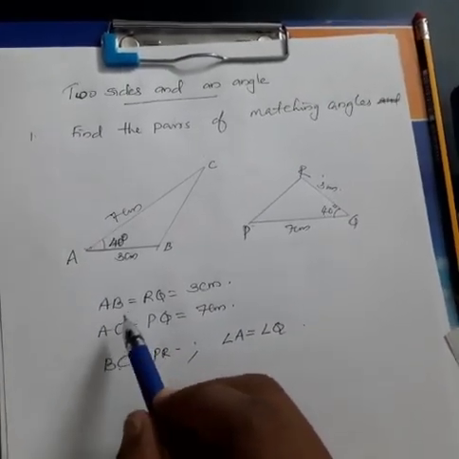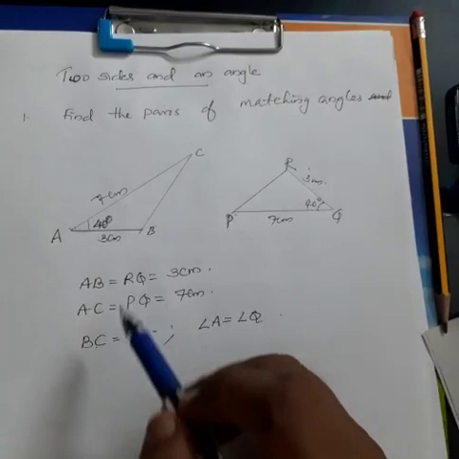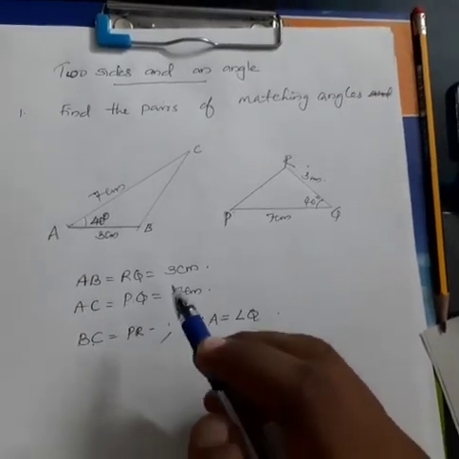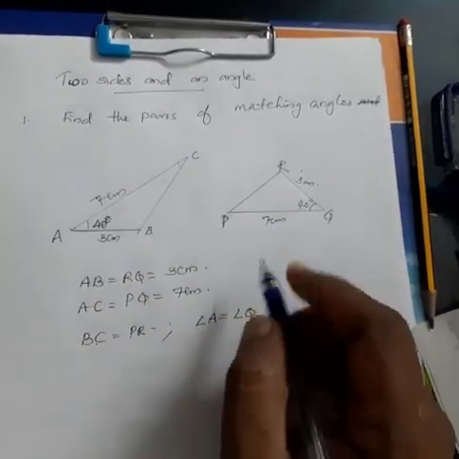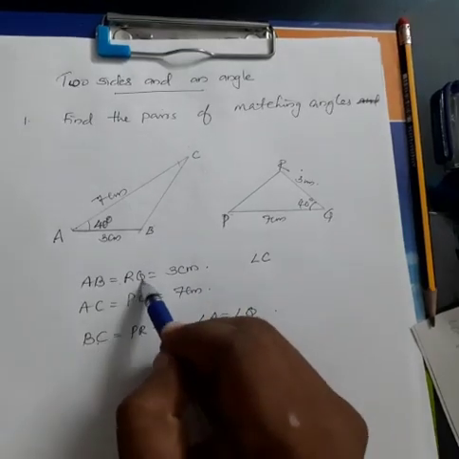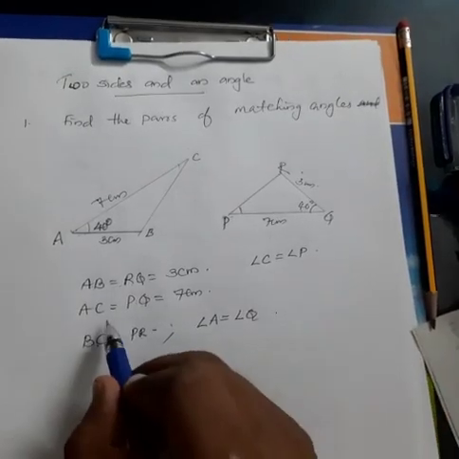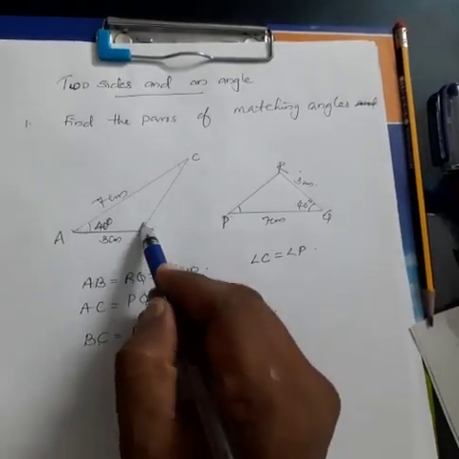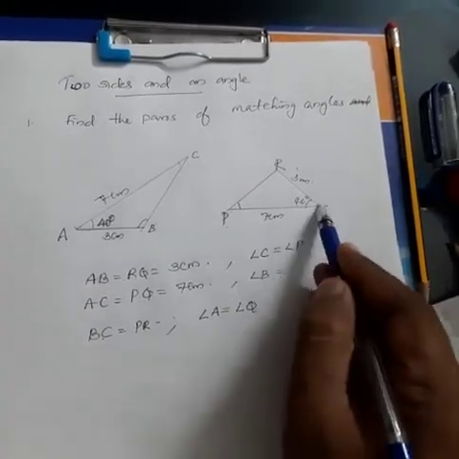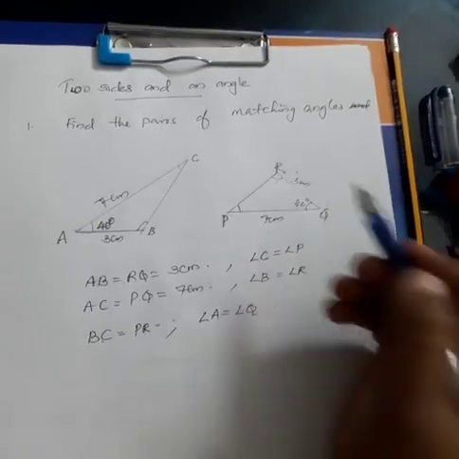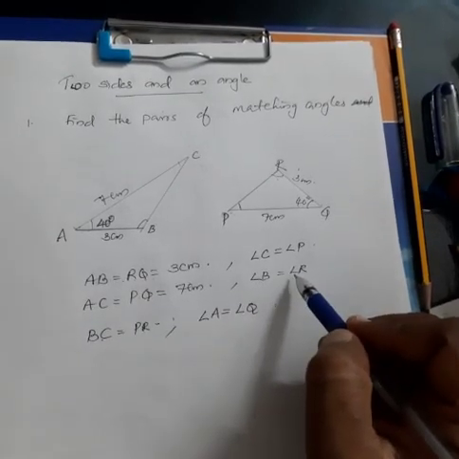As we studied already, if the sides of both triangles are equal, the opposite angles are also equal. So AB is equal to RQ. Opposite of AB is angle C, opposite of RQ is angle P. Then opposite of AC is angle B, opposite of PQ is angle R. So if sides are equal, the opposite angles are also equal.